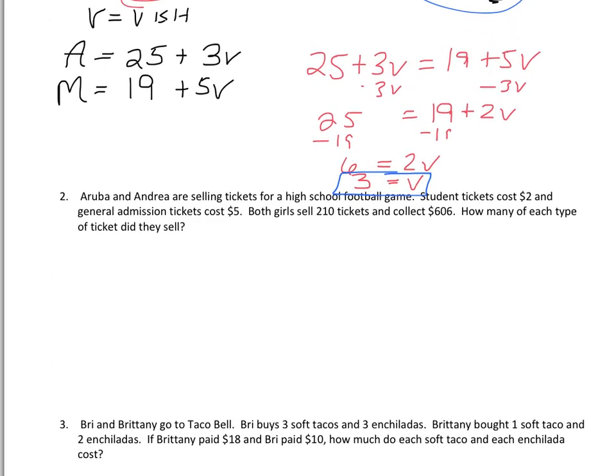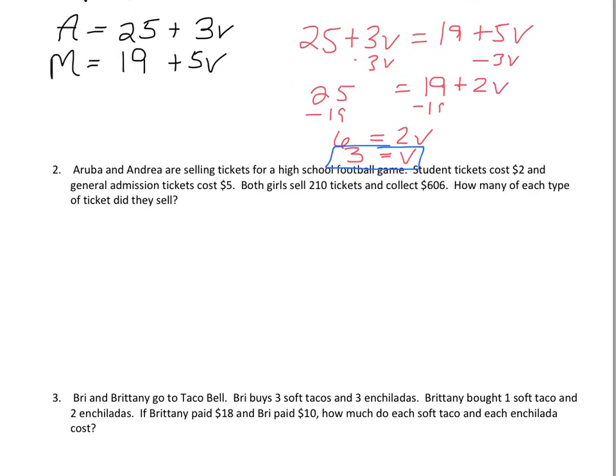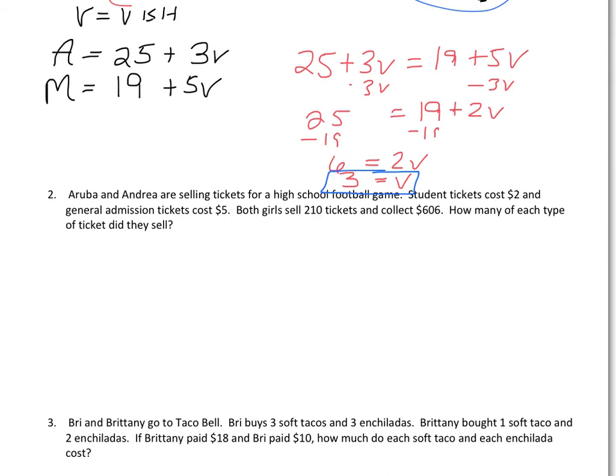Aruba and Andrea are selling tickets for a high school football game. Student tickets cost $2 and general admission tickets cost $5. Both girls sell 210 tickets and collect $606. How many of each type of ticket did they sell?